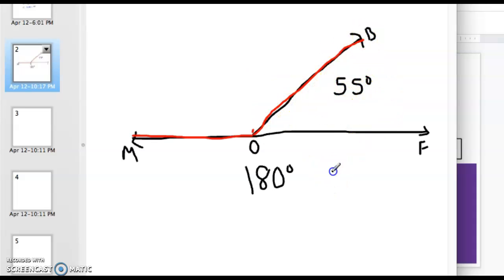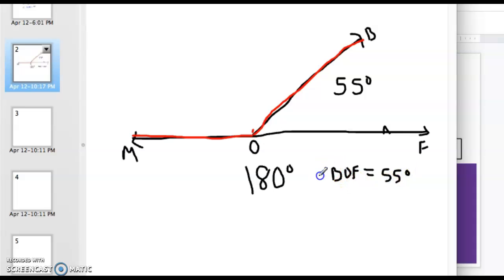So I know that angle BOF is 55 degrees. Oh sorry, let me go back and erase that. My cursor went a little crazy. Okay, so BOF is 55 degrees.